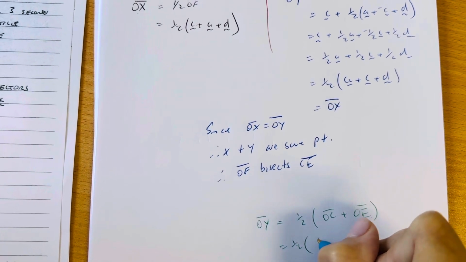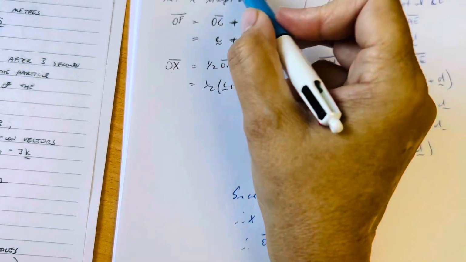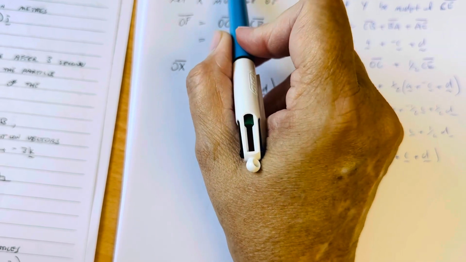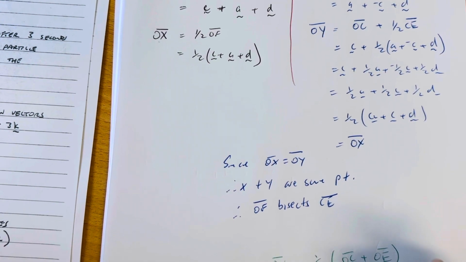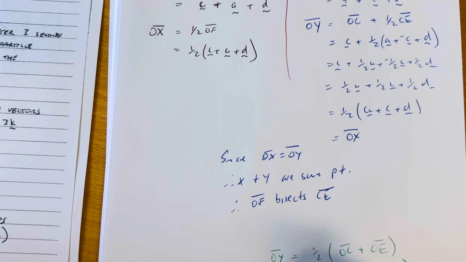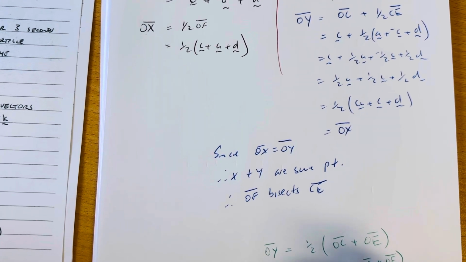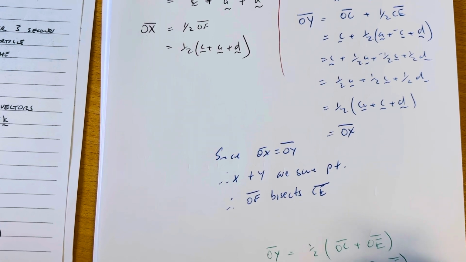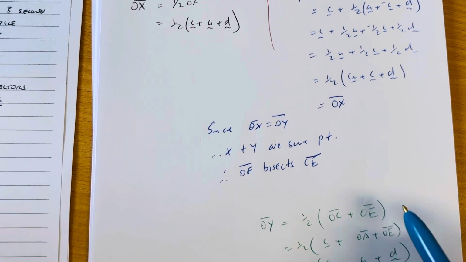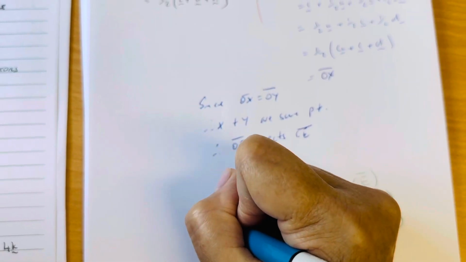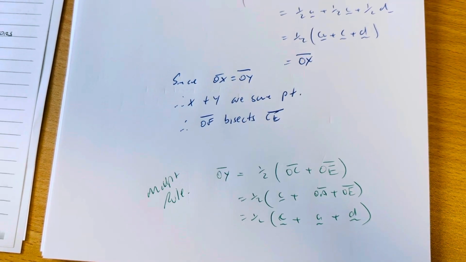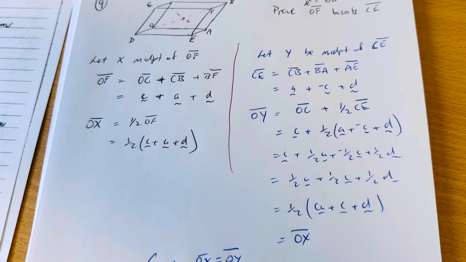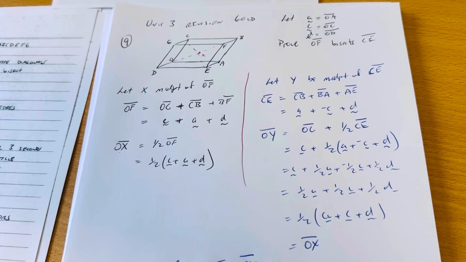A half OC is C. OE, if you think about OE, that's OA plus AE. That's a half (C plus A plus D). So that's using the midpoint rule. Okay, gets you to the same answer. But essentially, we have now proved it.